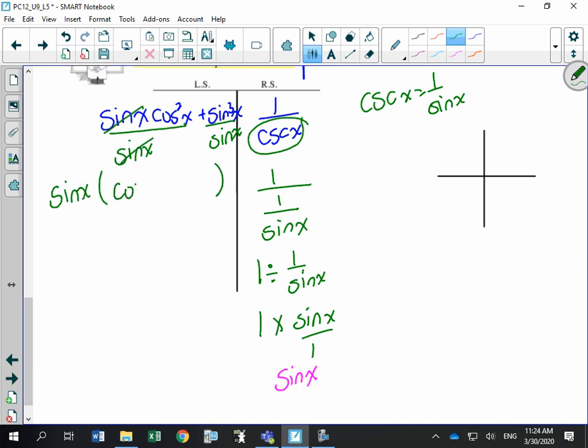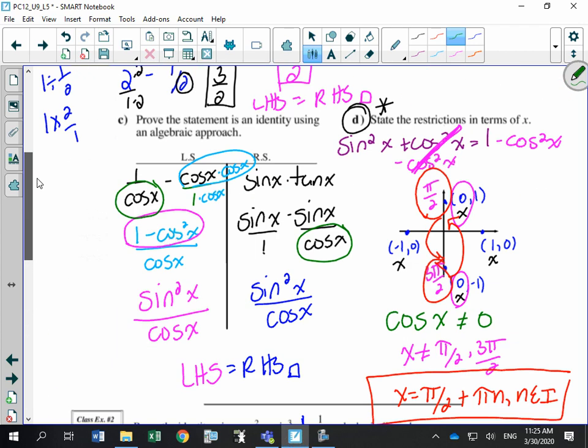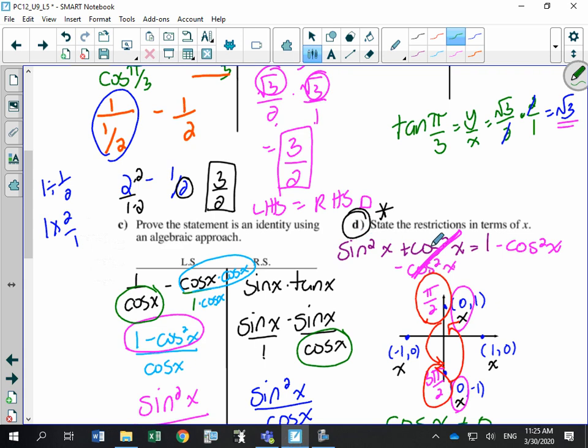So that would give me cos squared of x plus sine squared of x. Okay, this is nice and clean. And look at this, cos squared of x plus sine squared of x. Whenever you see squares, look at your Pythagorean identities and say, is this a Pythagorean identity? And we actually did this identity in the previous question. I wrote it down here. Sine squared of x plus cos squared of x is equal to 1.